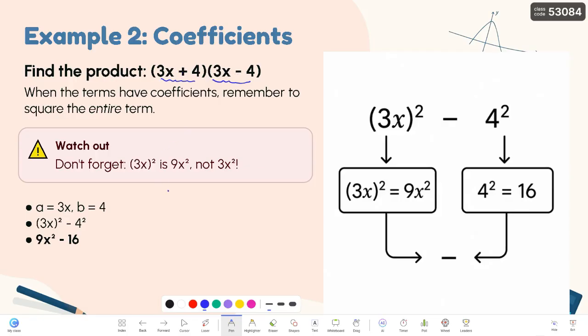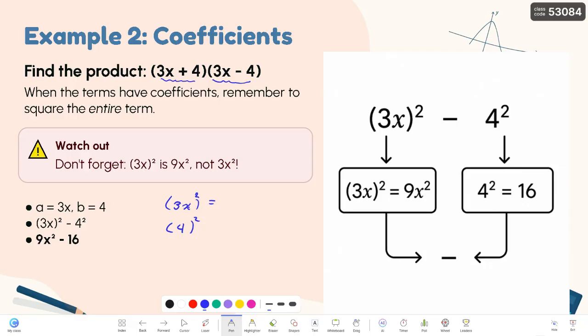So we're going to follow the same way, which is finding the first term squared. But here you should be careful, because the first term is not only x, we have 3x as the first term. So we need to square this, okay? And then we need to find the square of the second term. The second term is 4, so we need to square it.